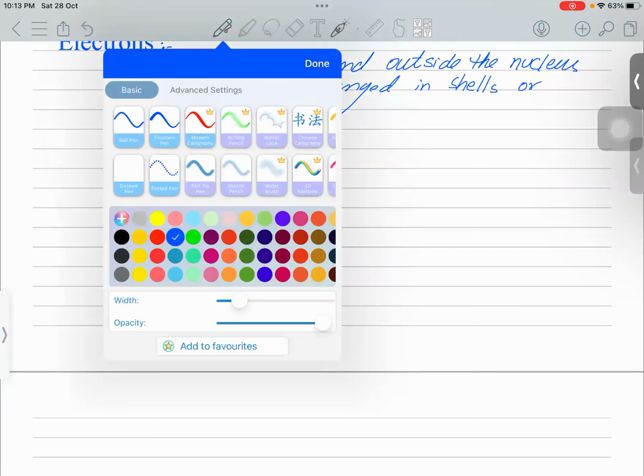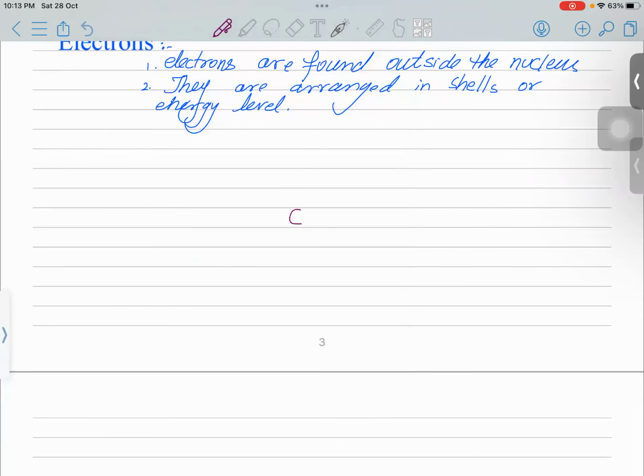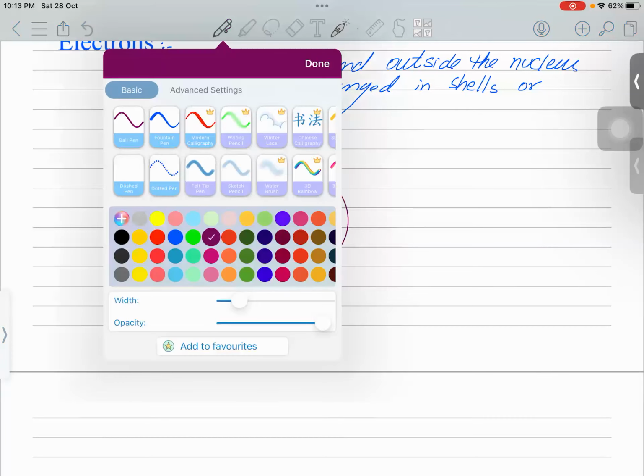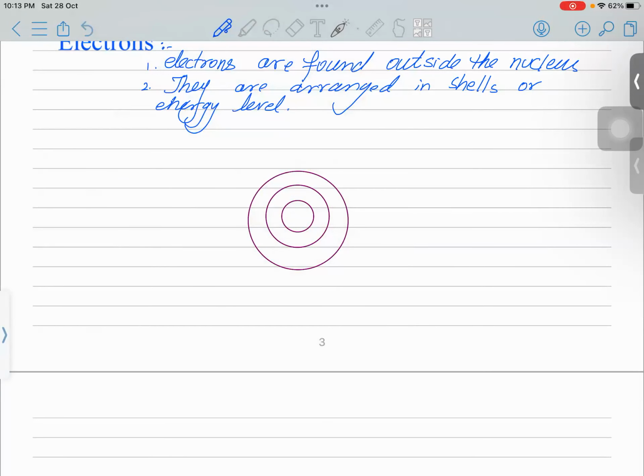Now look at the structure of the atom. So this is the nucleus. Let's suppose proton 11, neutron 12. This is the nucleus. It has nucleons.